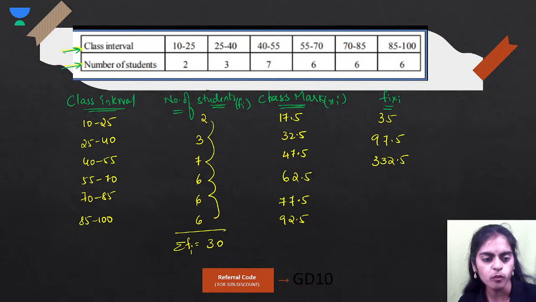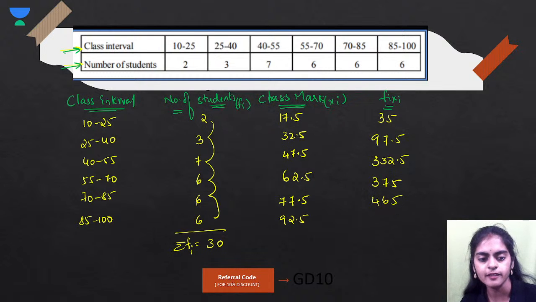Then you have 62.5 into 6. 62 into 6 first, and then 0.5 times 6 will give you 3, so this is 375. Then again 77.5 into 6, it will give you 465.